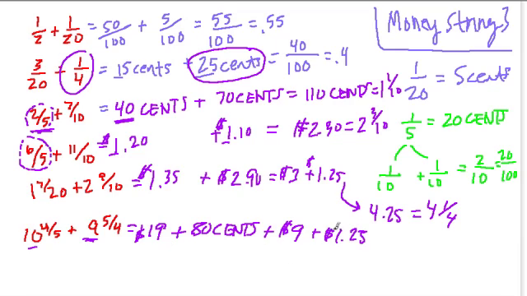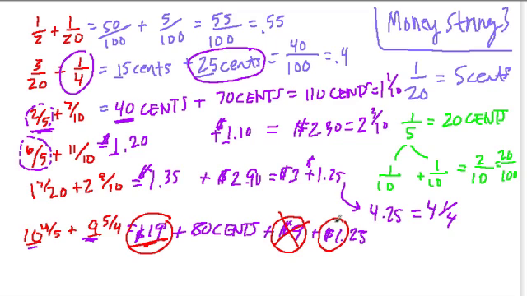So now we add all this up. I'm going to add the dollar amounts first. Oh, I made a mistake, sorry. I added this 9 twice. When I first wrote this 19, I added the 9 and the 10, so I don't have to add it again. Sorry about that.